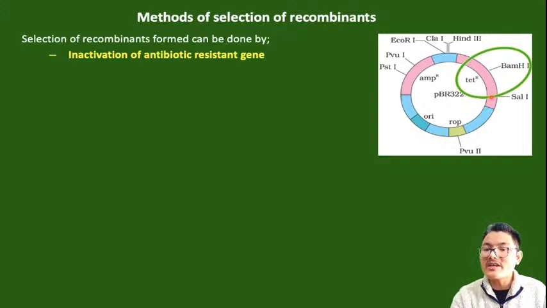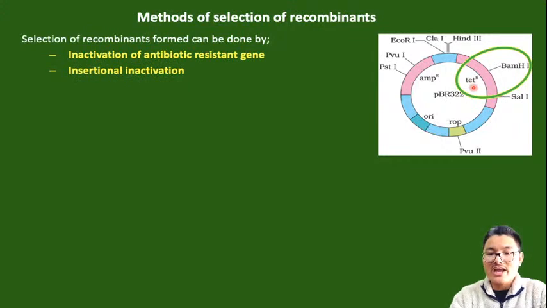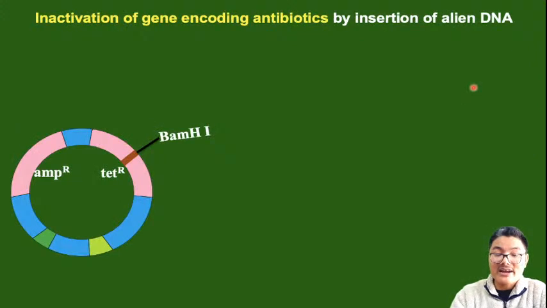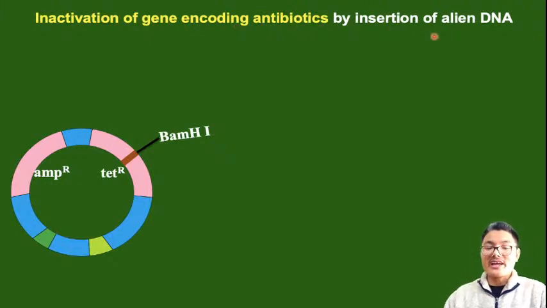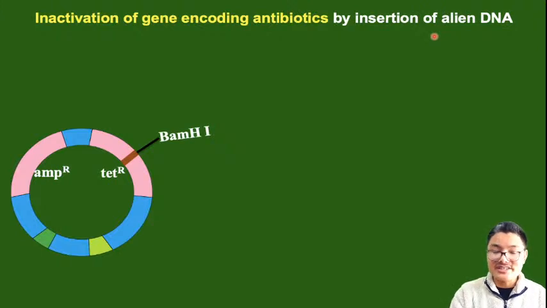It will not form a protein which makes PBR322 resistant to antibiotics. And we have insertional inactivation, wherein we insert the alien gene and there is inactivation of the gene. Quite similar but not exactly similar. Say regarding the inactivation of the gene encoding for antibiotics by insertion of alien DNA.